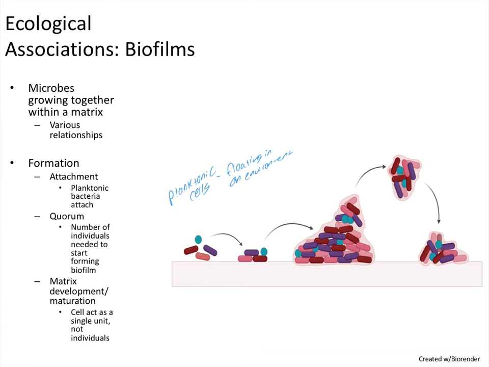Oftentimes antibiotics that would work on the planktonic cells, when the bacteria are just individual cells, do not work when they're in the biofilm formation or when they're in that matrix. There are various reasons for the antibiotics not working. Sometimes it's because the antibiotics can't penetrate the biofilm. Basically, you can get the antibiotics to the top few cells, but there will always be ones at the bottom that can regenerate.